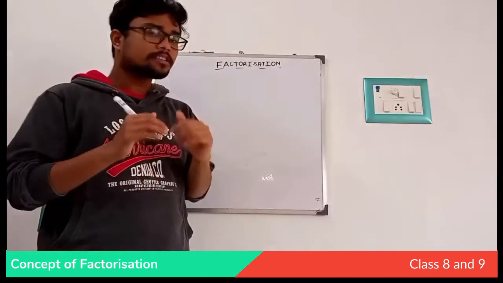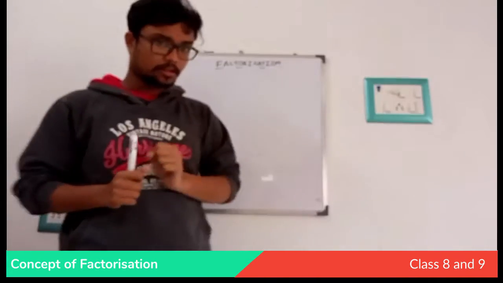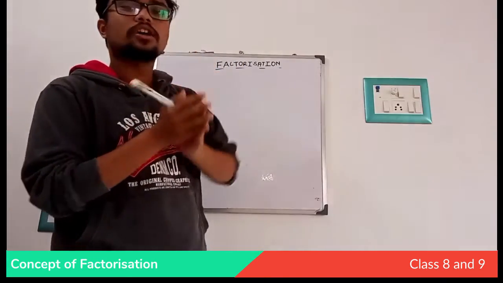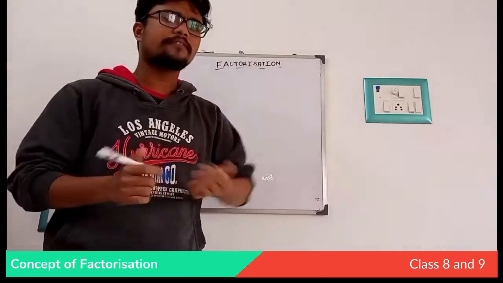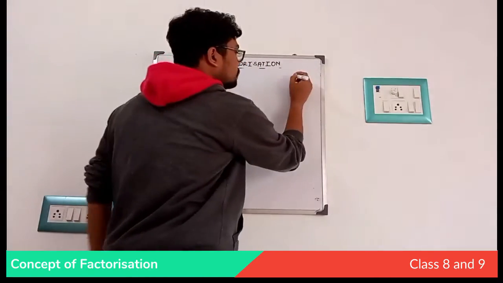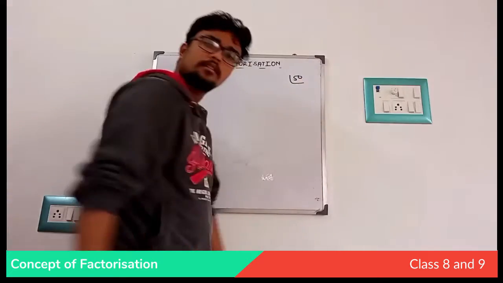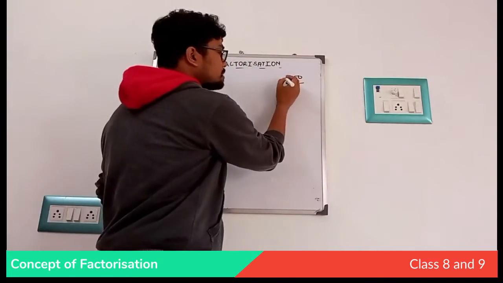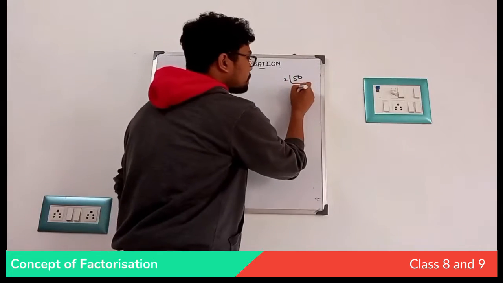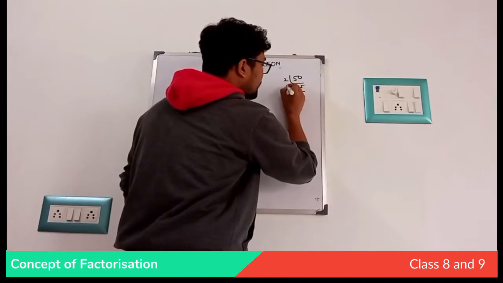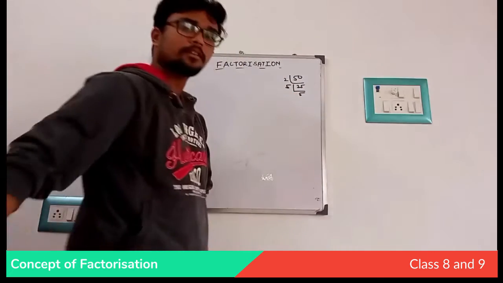So first, what do you mean by factorization? We all did prime factorization in class 3 or 4. What is prime factorization? Suppose I factorize 50. 50 divided by 2 is 25, and then 5 into 5.